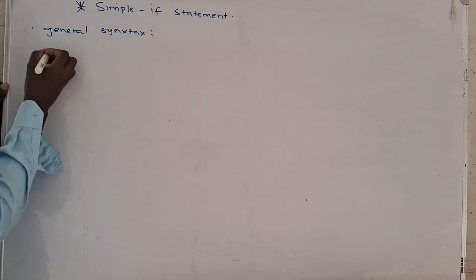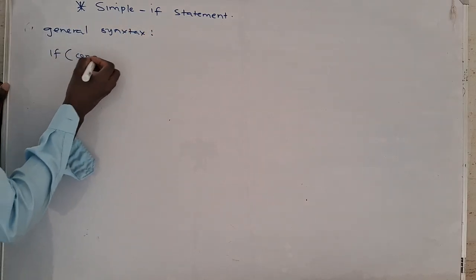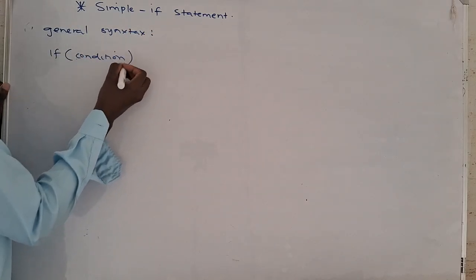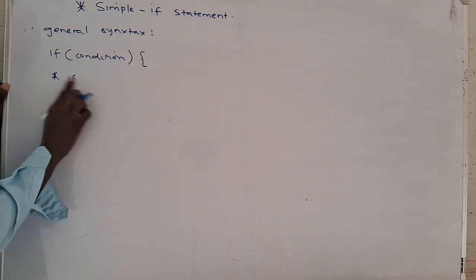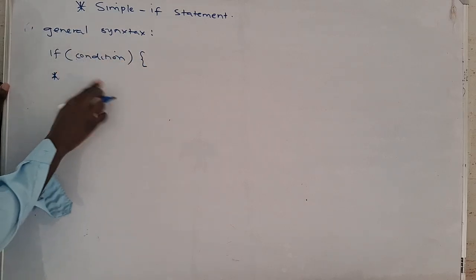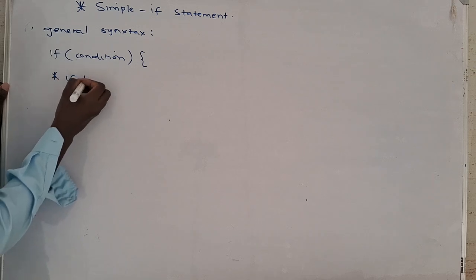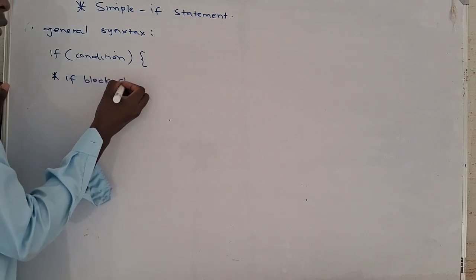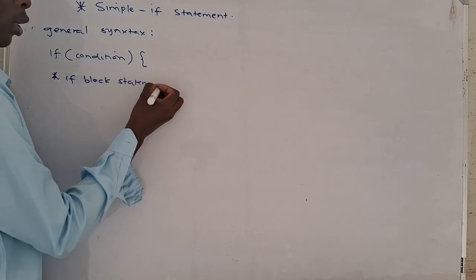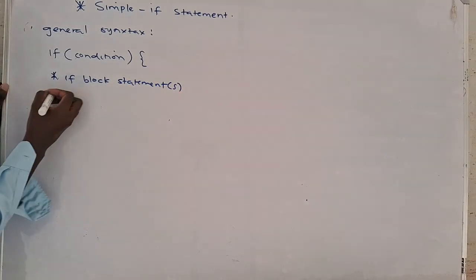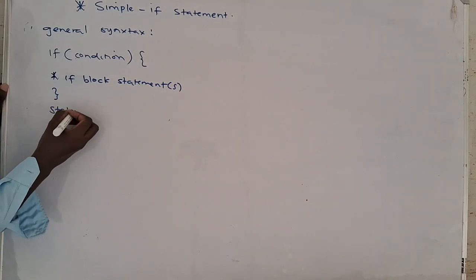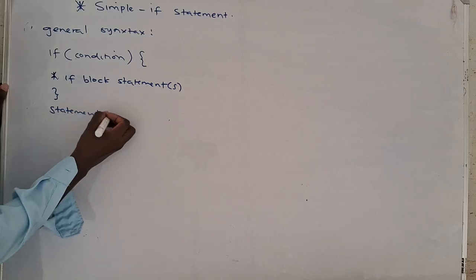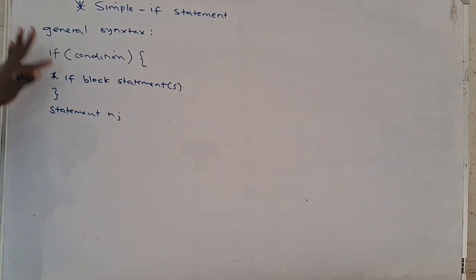This is the general syntax: if followed by condition, and here you are going to write the if block statements. Then you close here. Suppose you have a statement N followed by a semicolon. This is the general syntax.